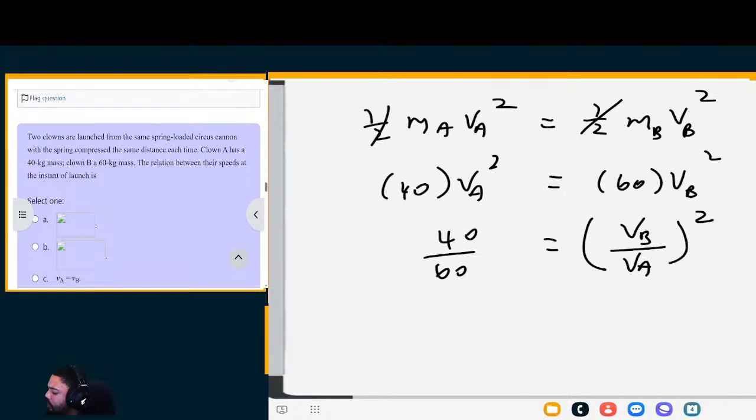Now this is nothing but 2 over 3. The square root of that is equal to v_B over v_A.